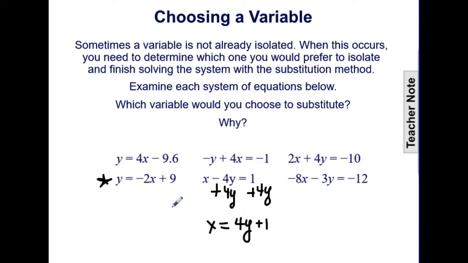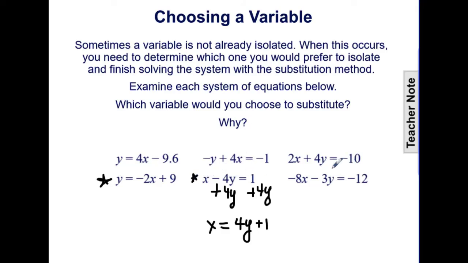In one step, you have the variable by itself. In the other equation, you would have to subtract 4x and divide by a negative, and dividing by a negative can always be tricky, so you want to be careful there. So we would probably be best to choose the second equation again in the second system.